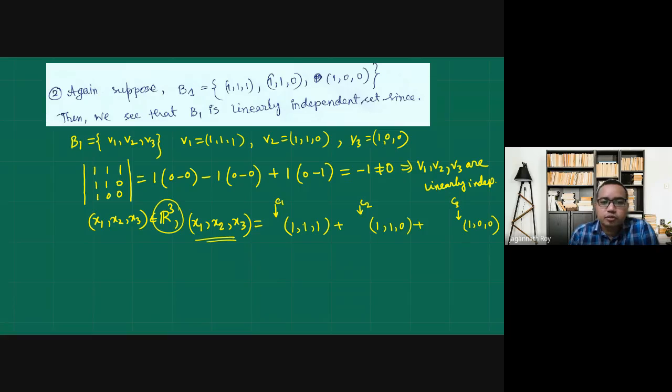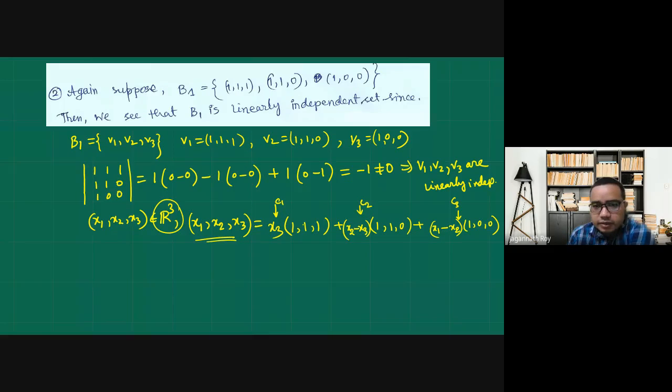Okay, so if we select here x3, then let me write down clearly. Then it is x2 minus x3 and x1 minus x2.